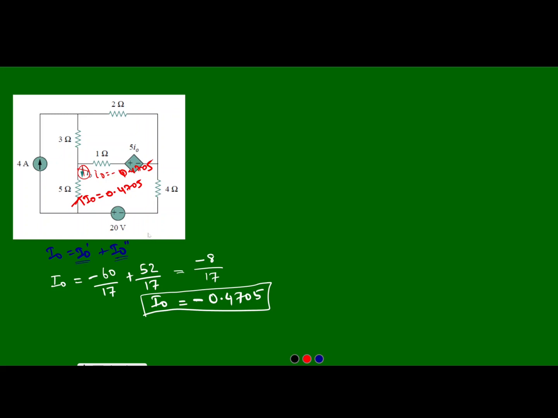In this superposition theorem, we are using only the nodal and mesh analysis. Now we will see a disadvantage of this theorem.